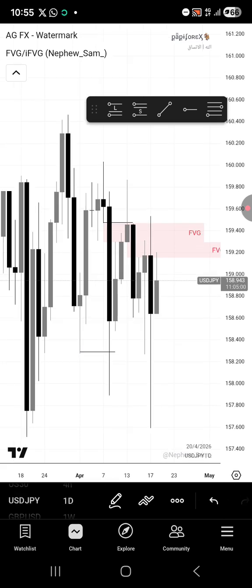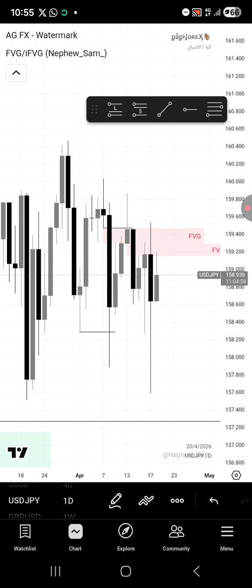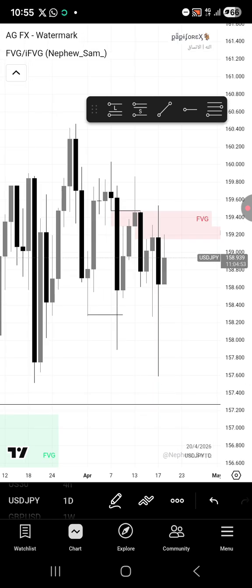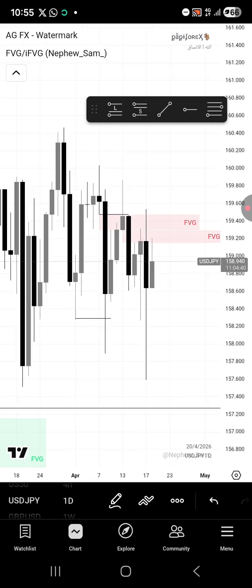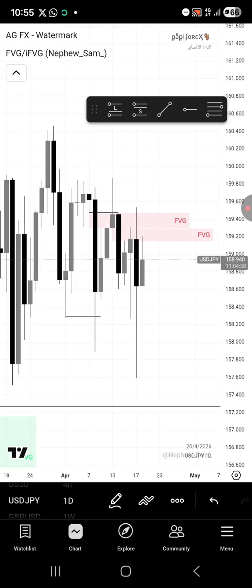Now there is a difference between a liquidity sweep and a liquidity run. A liquidity run is whereby price breaks a swing high or a fair value gap with a full body, then you know price is running that liquidity. But how do you confirm a liquidity sweep and a liquidity run, for you not to get trapped?